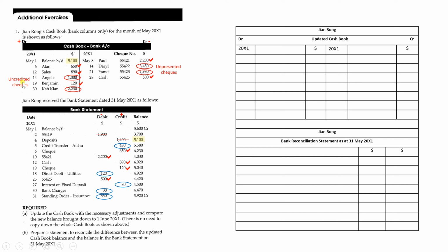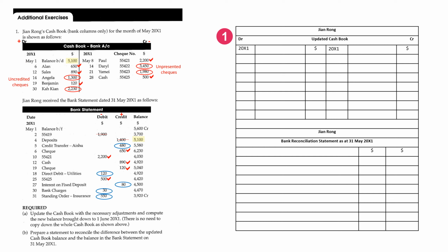And uncredited cheque is when you have already deposited the money to the bank account, but the bank has not yet credited the money into your bank account. This is money going out but not yet reflected in the bank statement. This is money coming in but not yet reflected in the bank statement.